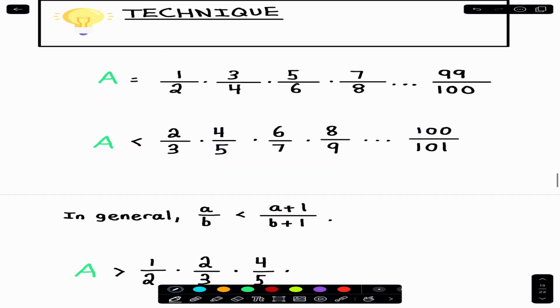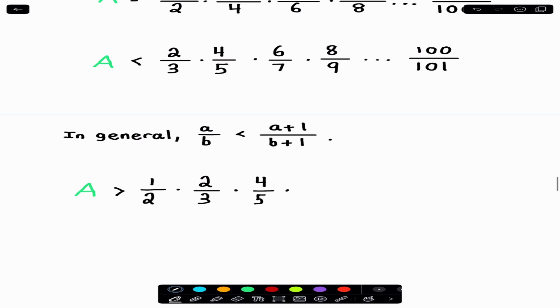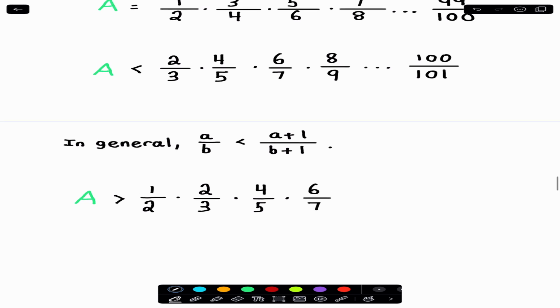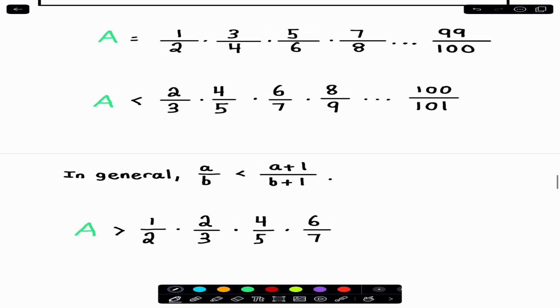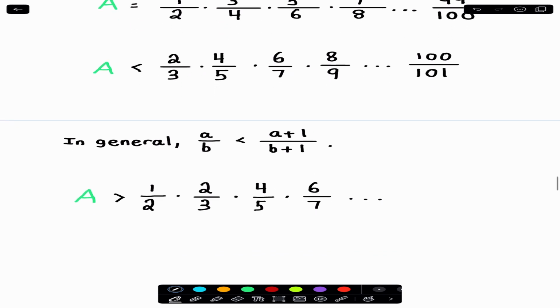We know that 7 over 8 is greater than 6 over 7. And this continues until this last term, 99 over 100, we know is greater than 98 over 99.